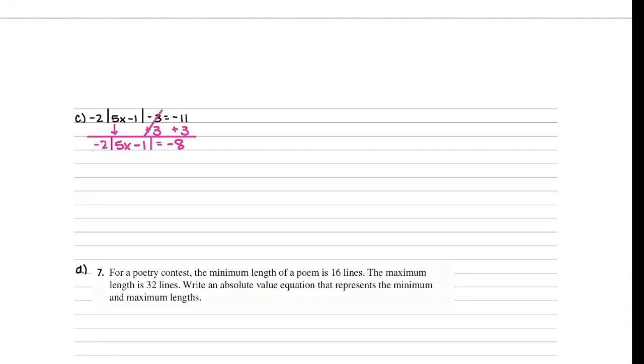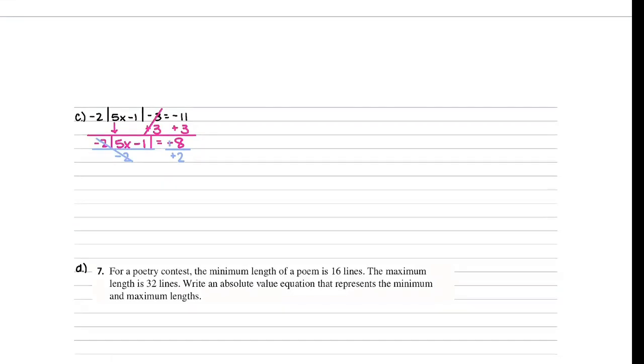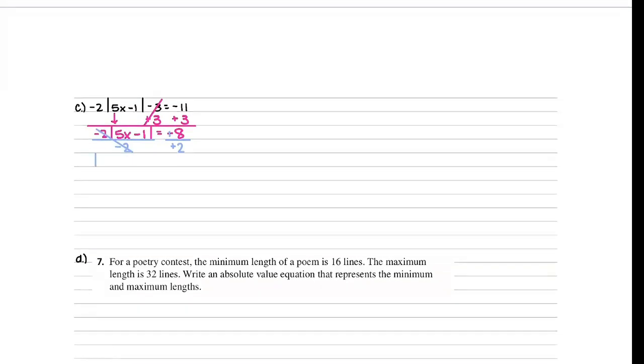From here, we just divide each side by negative 2. The negative 2's cancel out. We're going to be left with the absolute value of 5x minus 1 is equal to 4.